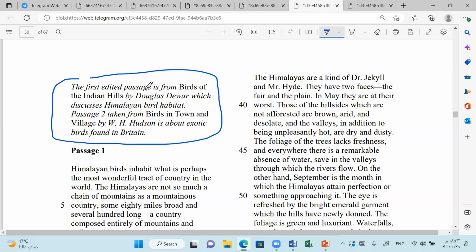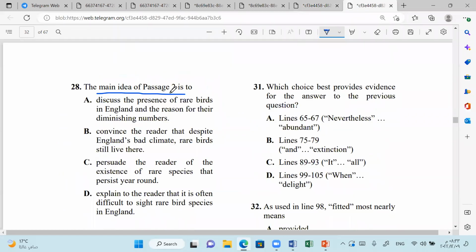The first edited passage is from Birds of the Indian Hills by Douglas Dewar, which discusses Himalayan bird habitat. Passage 2, taken from Birds in Town and Village by W.H. Hudson, is about exotic birds found in Britain. My question is about the main idea of the second passage.